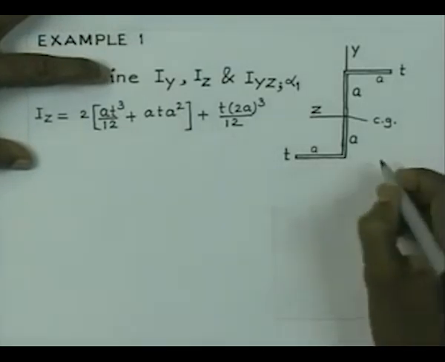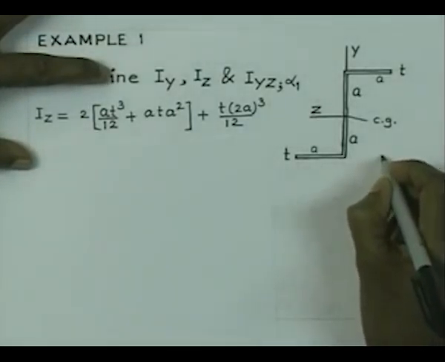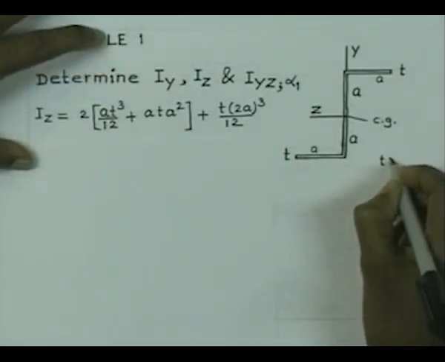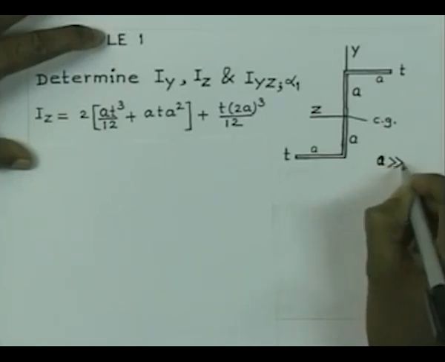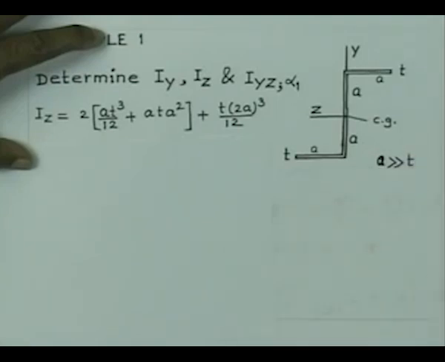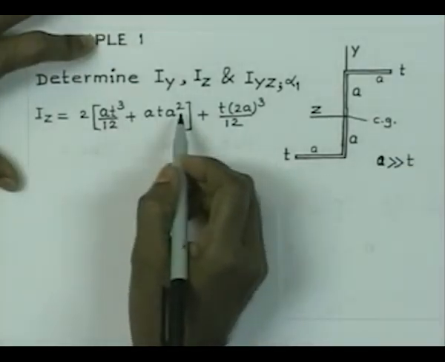Now, this particular problem has been given with the condition that this dimension A is very large compared to T. So, therefore, we can ignore this T cube compared to A cube.